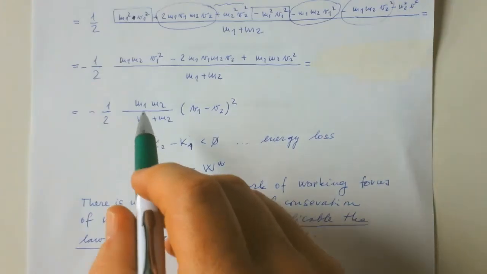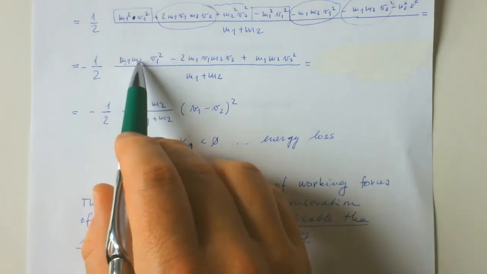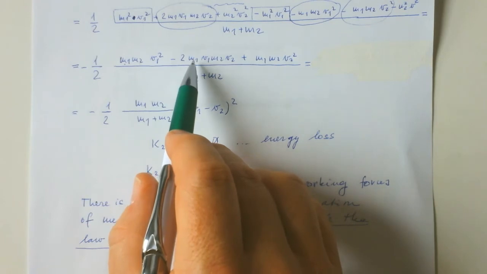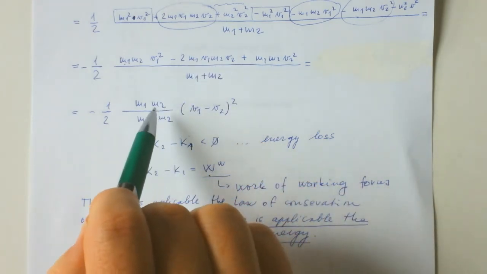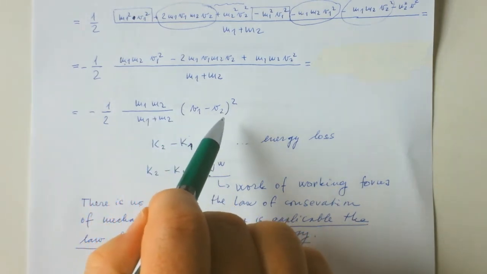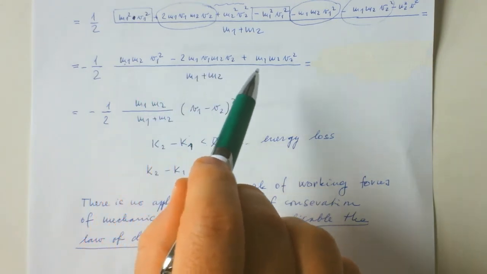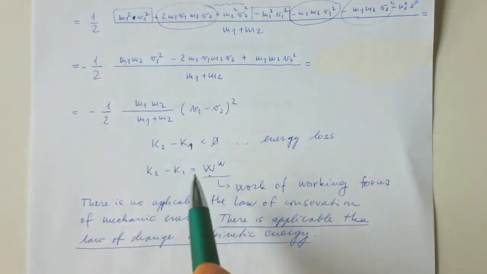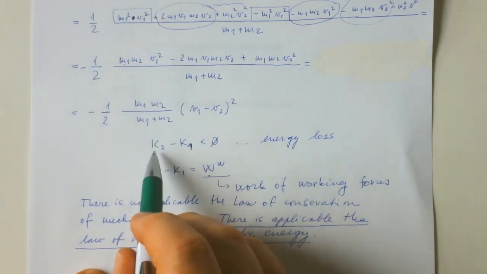We can put m1 m2 out of the brackets because it is in every term, and what remains we can write in this form.